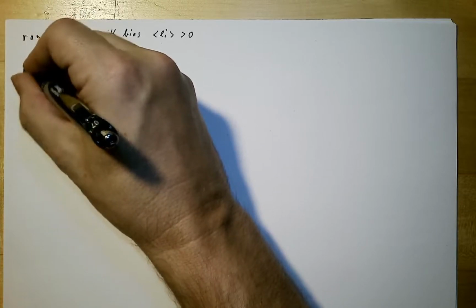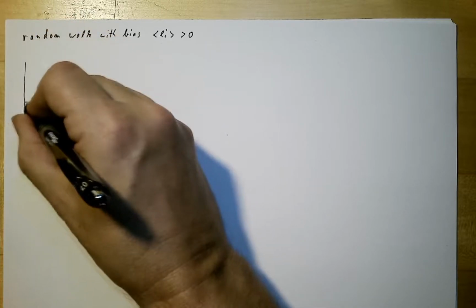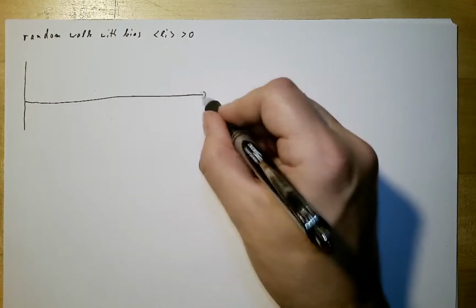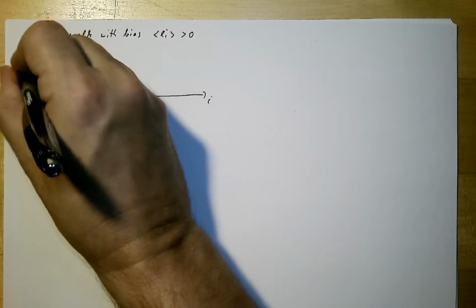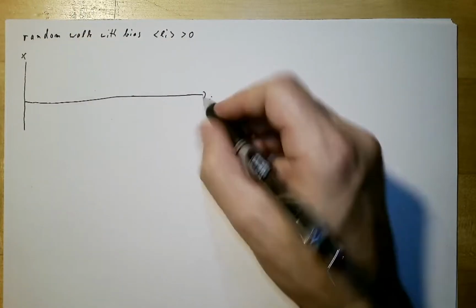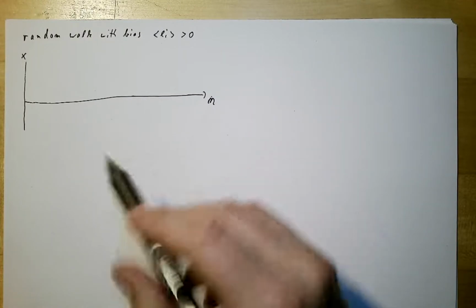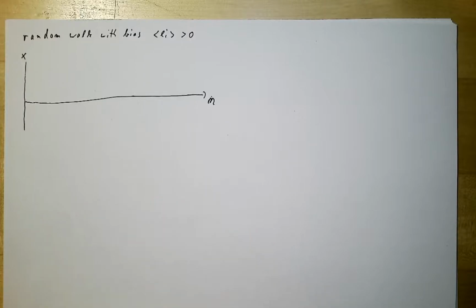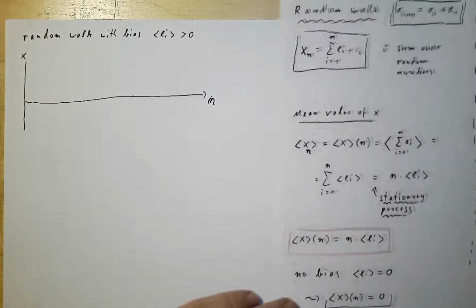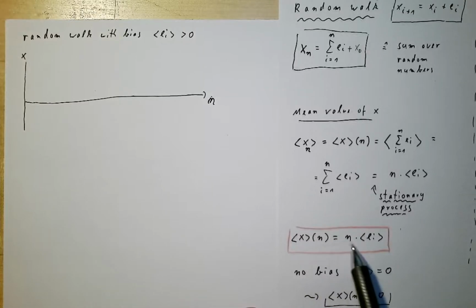If we take the position of the walker as a function of time, x, maybe here we always use the symbol n, we know from our theory that the mean value should go proportional with time.